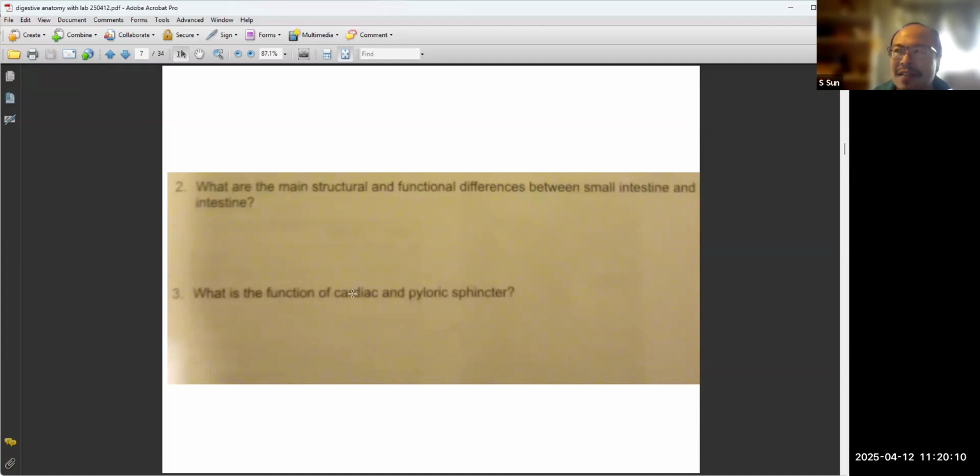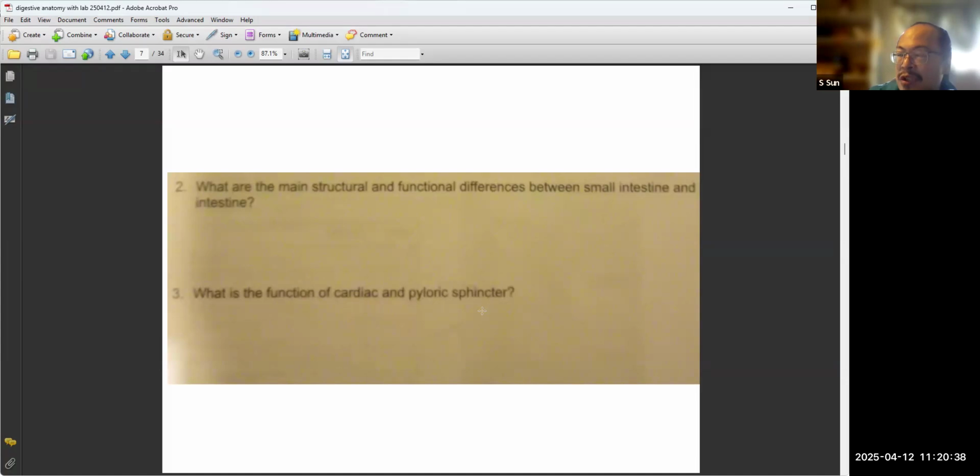If that acidic stuff goes back into your esophagus, you will feel heartburn. You will feel that burning in your esophagus. It actually will cause some damage too. So that is to prevent it going back to your esophagus.